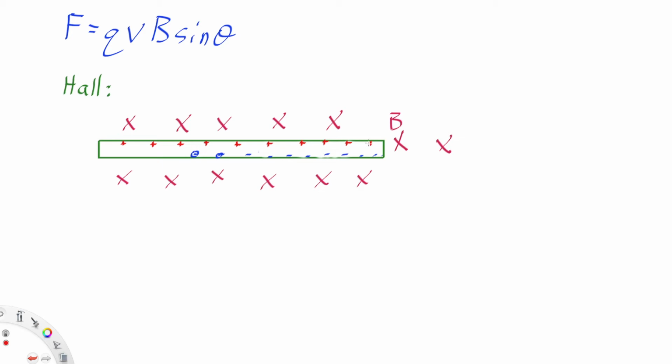Okay, explaining it. So which one's going in the opposite direction? I don't know. Just explain all that again. I got halfway. We use the right hand rule to see which direction VB sine theta is going in. But then since we're dealing with electrons, Q is negative.